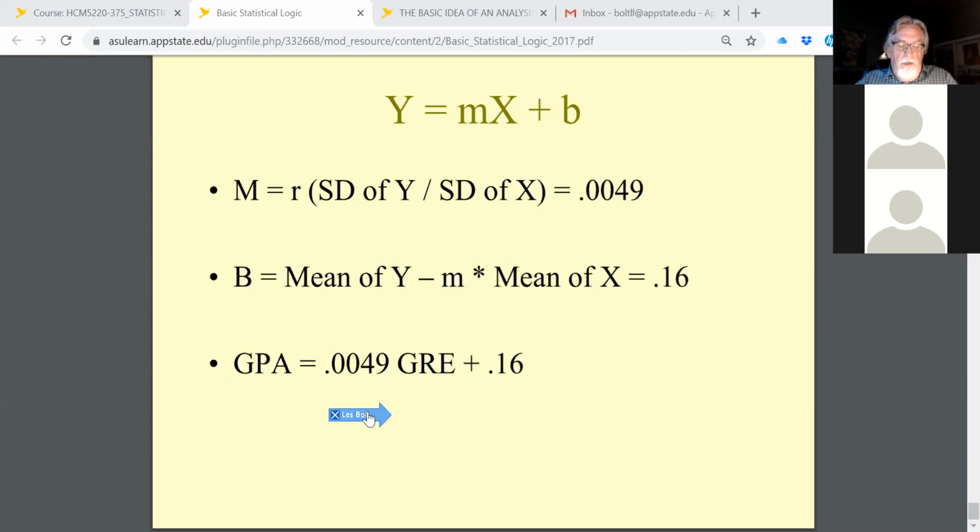Let's say a GRE of 700. Let me see if I can do that real quickly on my little handy dandy phone calculator here. So let's say I had a GRE of 500.